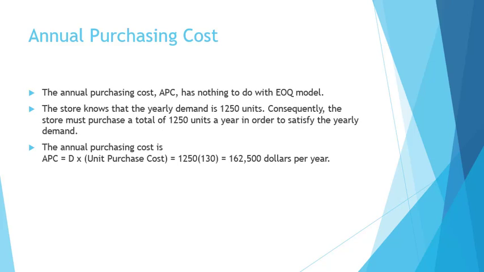Consequently, the store must purchase a total of 1,250 units a year in order to satisfy the yearly demand. So the annual purchasing cost is simply yearly demand times the unit purchase cost, which equals $162,500 per year.